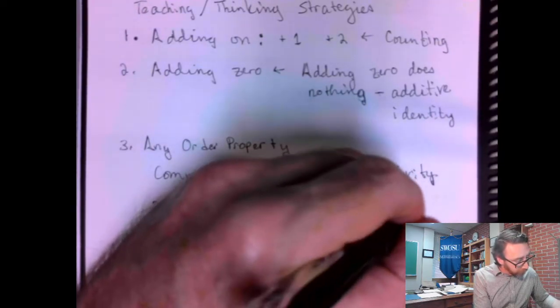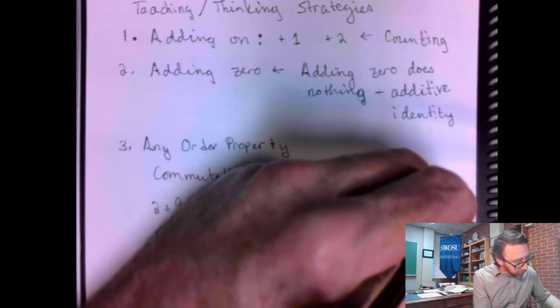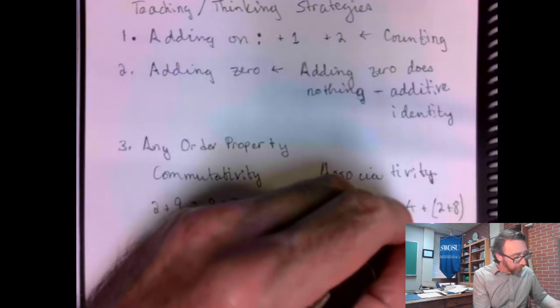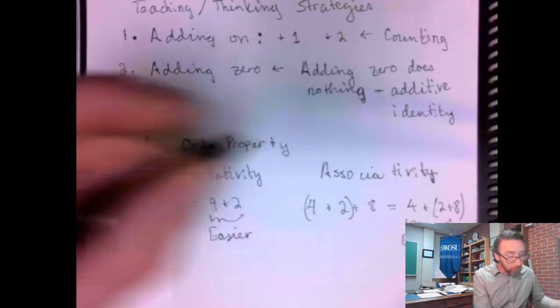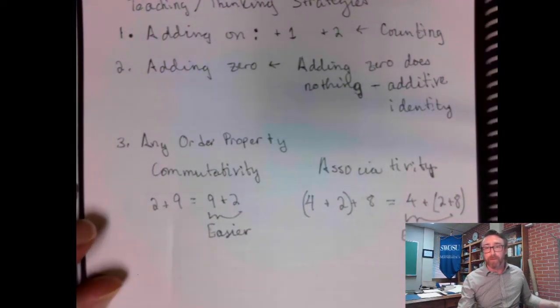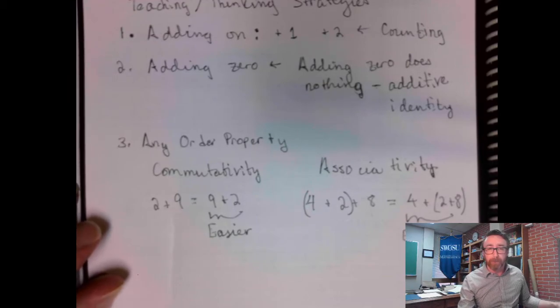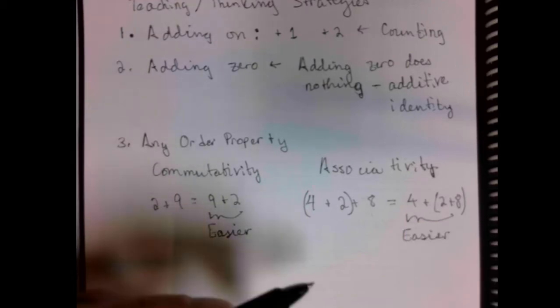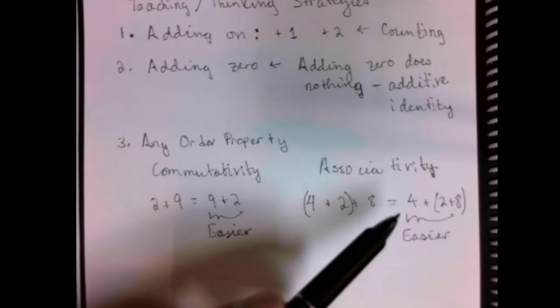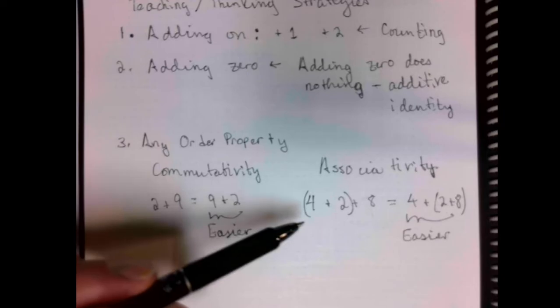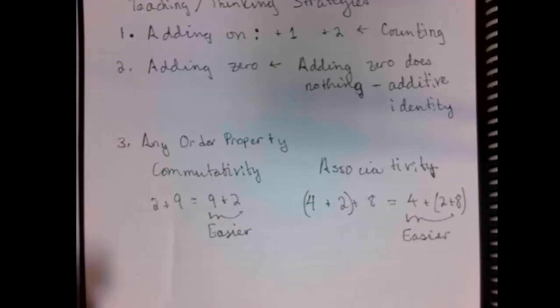I can group it that way, or I can group it this other way. And this is the easier way to do that problem. This is easier because now you've made a 10 here. 2 plus 8 gives you 10, 4 plus 10 is 14. Okay, so that's a simpler way to do that addition.